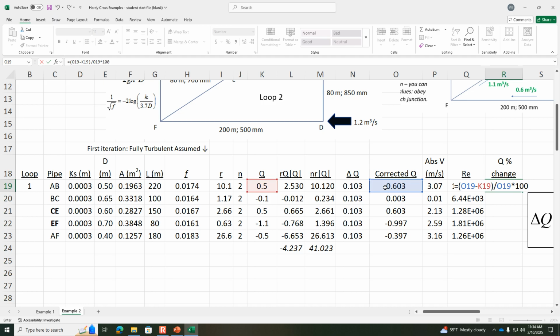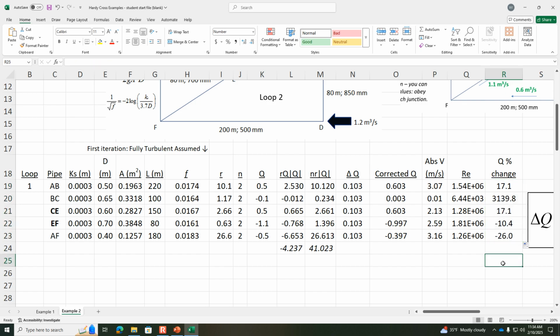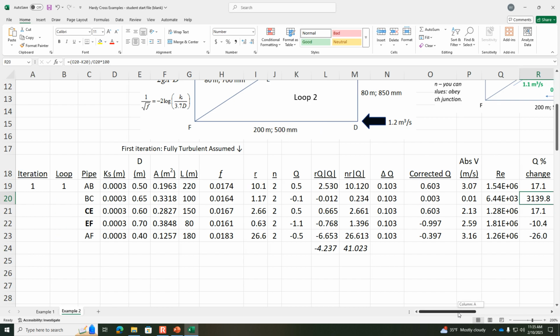That tells me, for example, that my corrected flow rate was 17% higher than my initial guess within that iteration. My convergence criterion is that I want every pipe to be changing less than 1%. This network is a little bit tricky because one of the pipes has so little flow that I think it's going to take 4 iterations to get under that percent change. All right, any questions on the first loop of iteration 1?